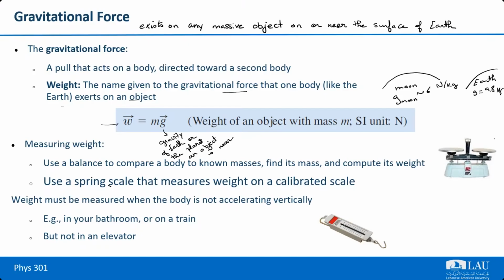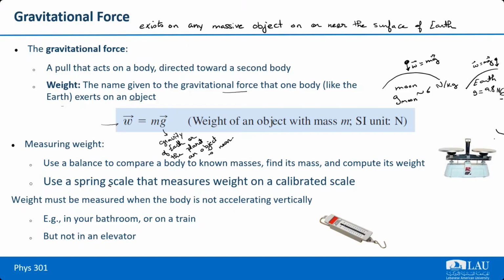We talked about it before. But for both, the exerted force is going to be, let's say I'm releasing a ball, m times g. The difference is just that the value of g is not the same in each case.